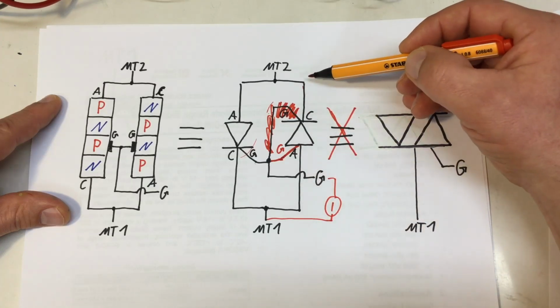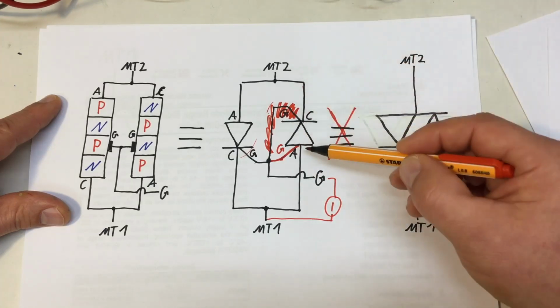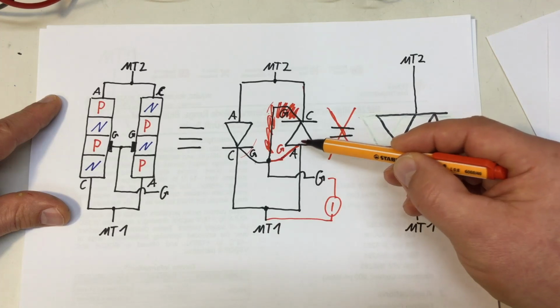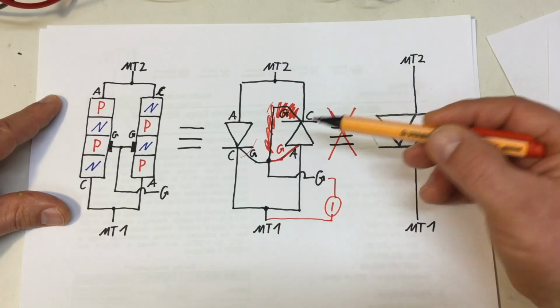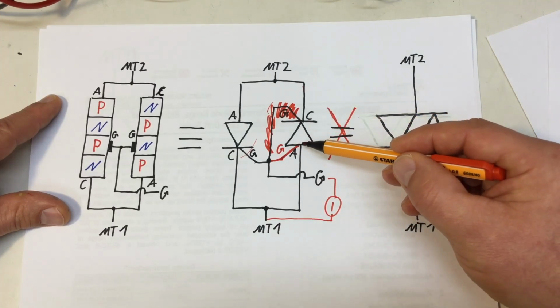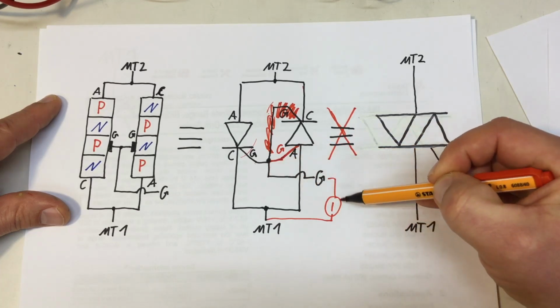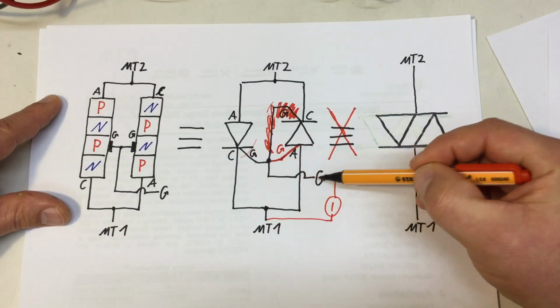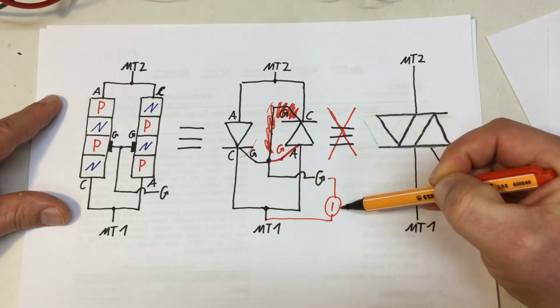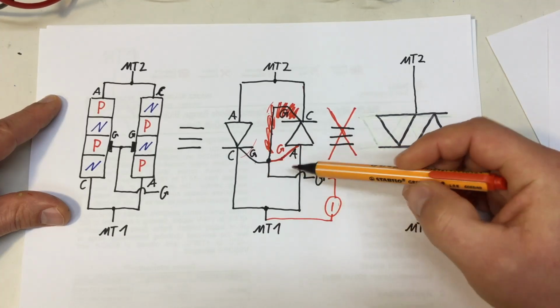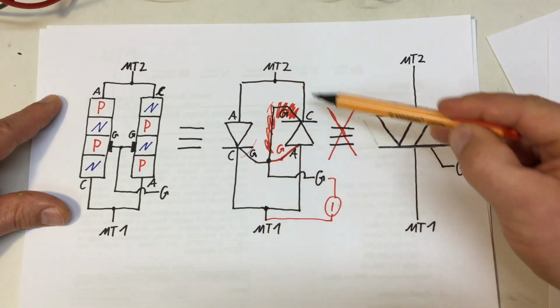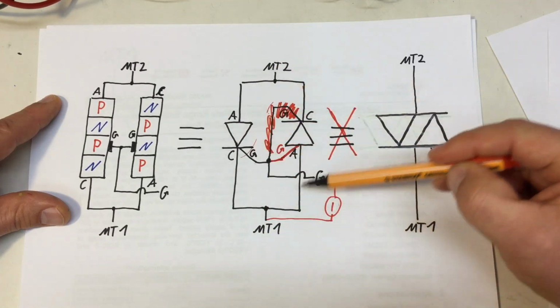And the nice thing here is I trigger an N-gated SCR by sucking something out, giving it a negative pulse. So yeah, at least I could run that circuit, okay?